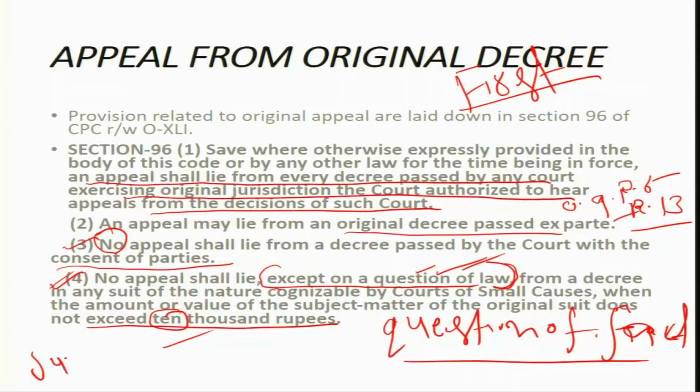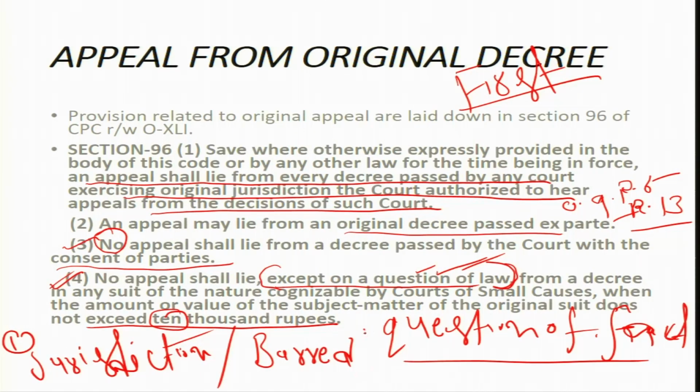But if there is a question of law, I have already given examples like jurisdiction related issue, again I am writing it: jurisdiction related issue, this is question of law, number 1, or barred by any law, this is number 2. Jurisdiction as well as barred by any law.